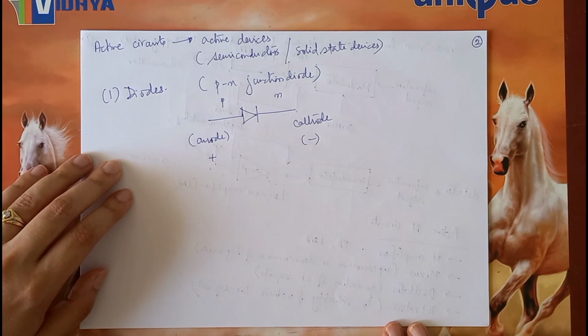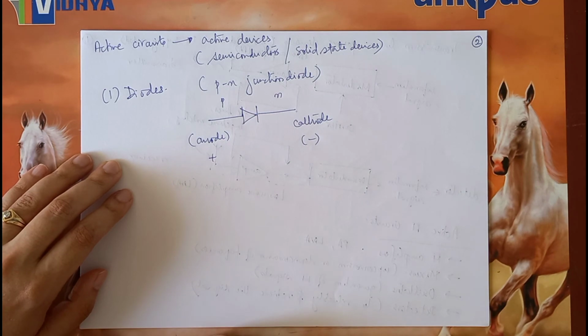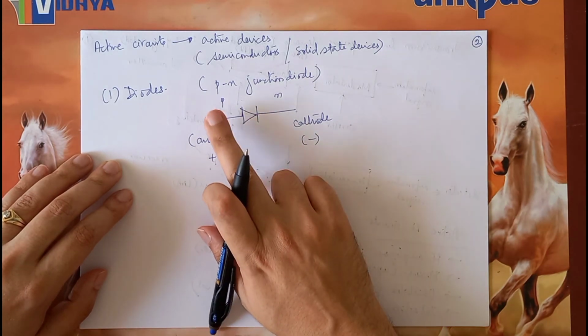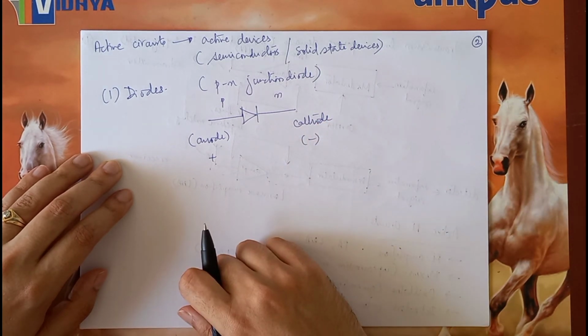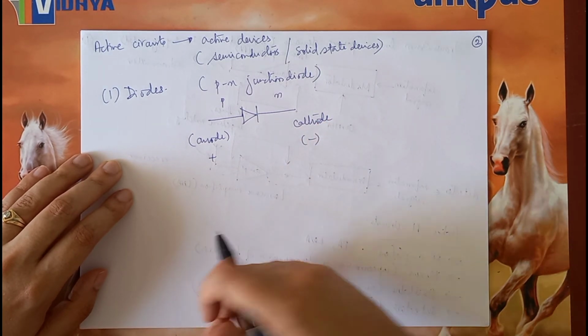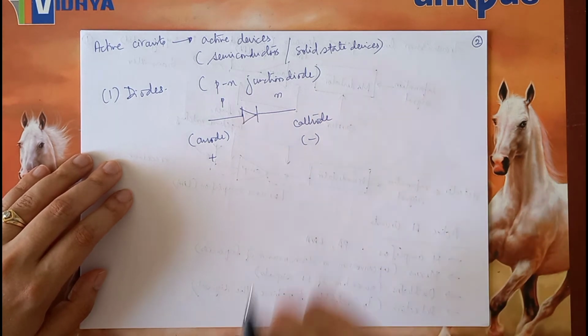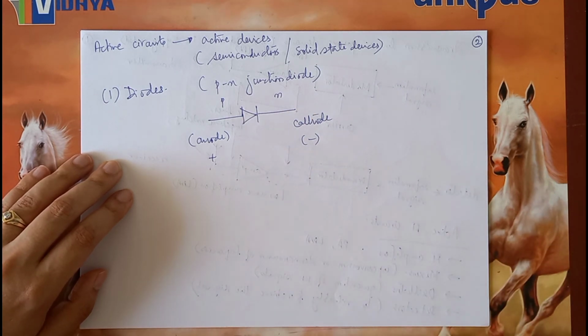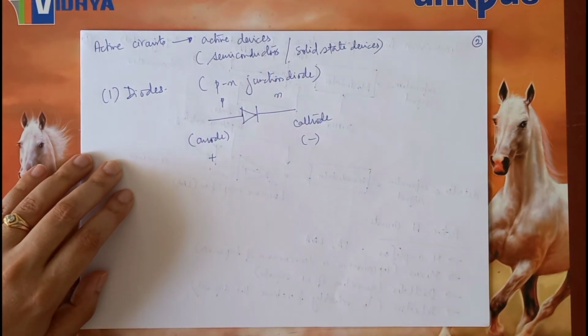Right? So as you know, when this diode becomes forward biased, that is, the voltage at the anode exceeds the voltage at the cathode by a substantial amount, which is also called the built-in potential of the diode, then the diode starts conducting and the current flows from the anode to the cathode.